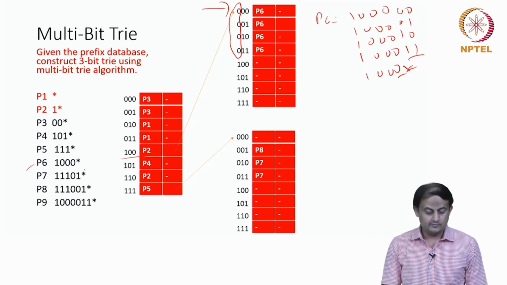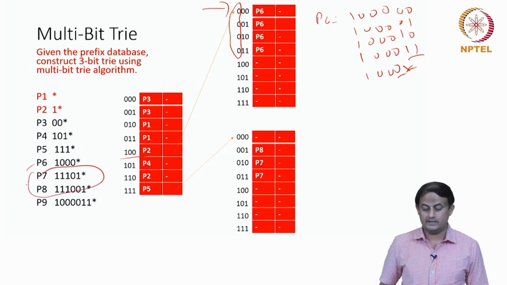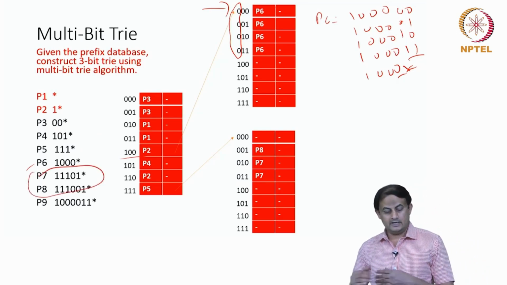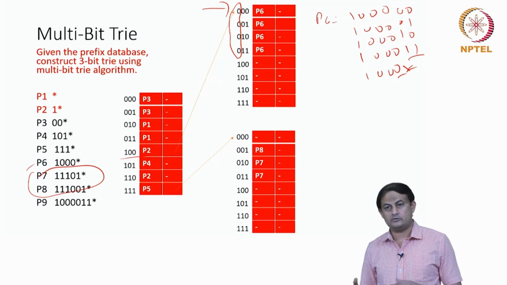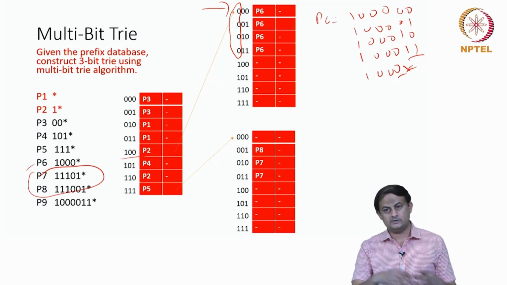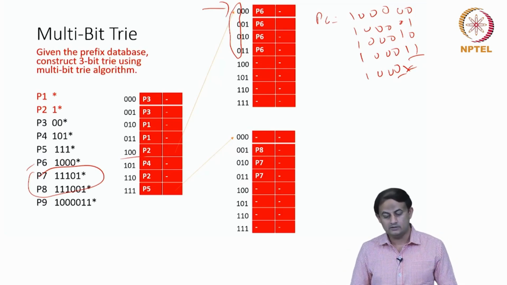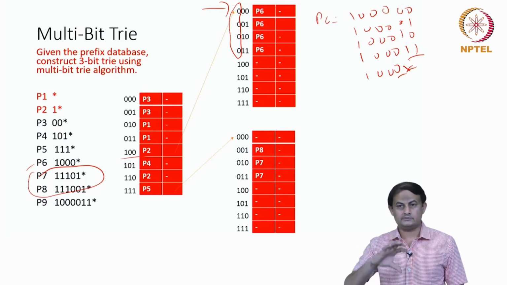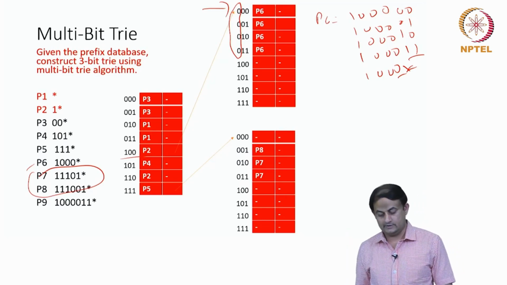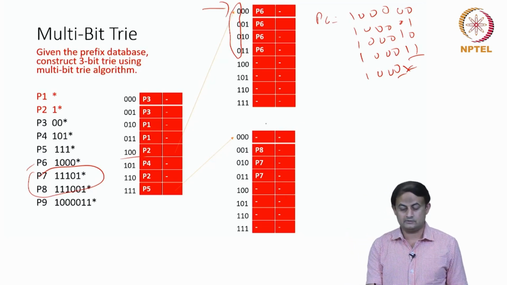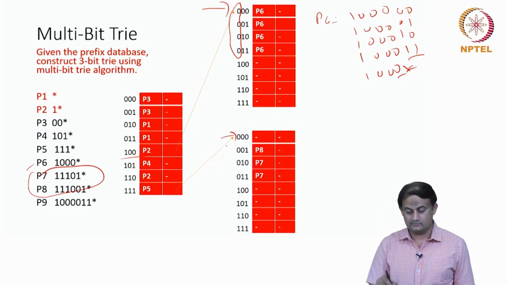Similarly, P5 is a superset of P7 and P8, and as an expansion of P5, a pointer from the first level table to the second level structure would have entries with P8 and P7. That's what is shown in this table structure.